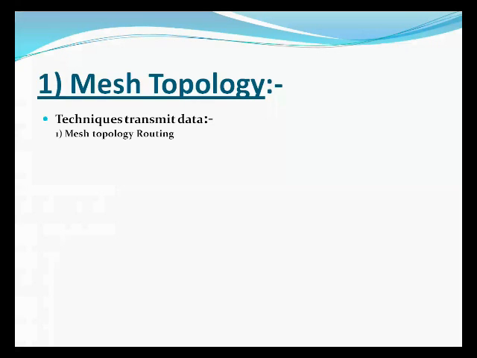Now, there are two techniques to transmit data over the mesh topology. Number one is mesh topology routing and number two is mesh topology flooding. First one is mesh topology routing. In routing, the nodes have a routing logic as per the network requirement.